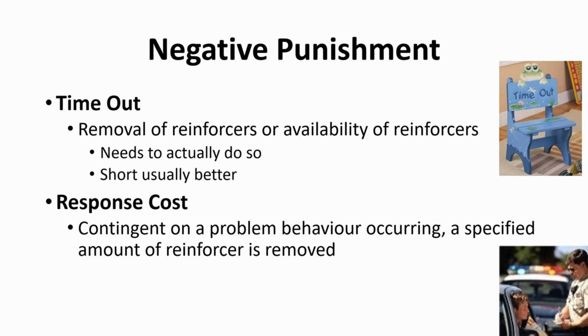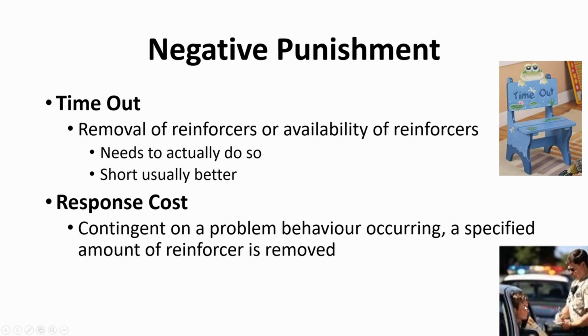Another type of negative punishment would be an increase of response cost. And so for response cost, this says that contingent on a problem behavior occurring, a specified amount of reinforcer is removed, which basically means that if a problem behavior happens, then something good is taken away because of that problem behavior having occurred.